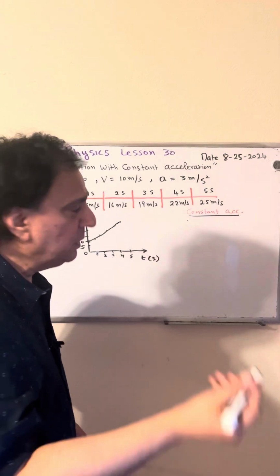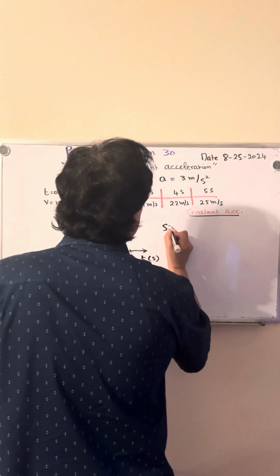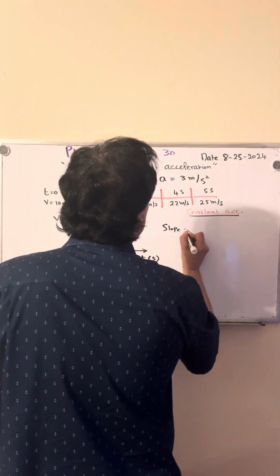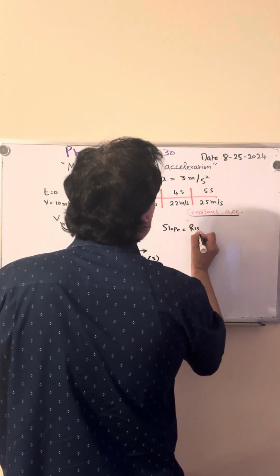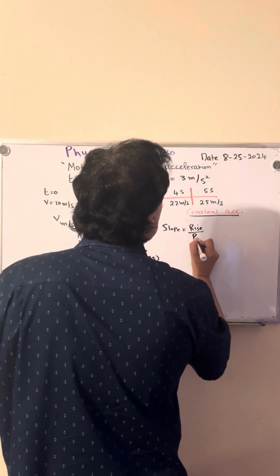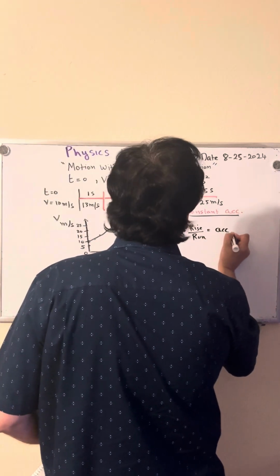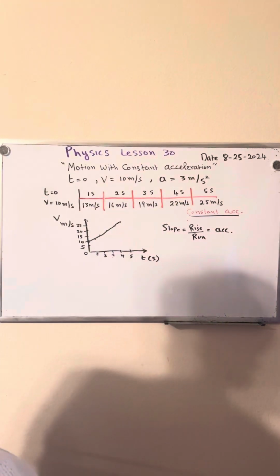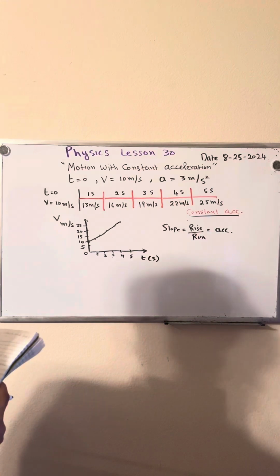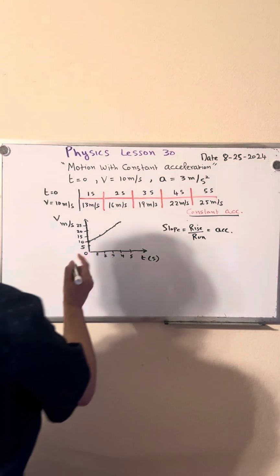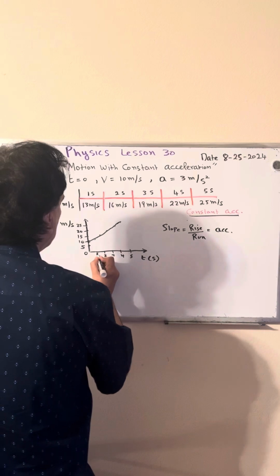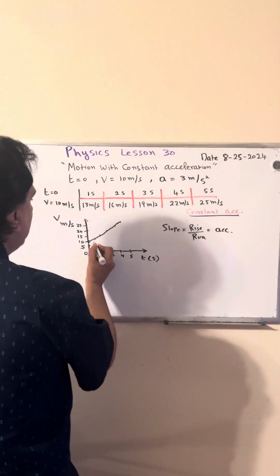And what is a slope? Slope is rise over run, and in this case, it is acceleration. Let's find the slope using rise over run, with the points at 1 and 13.